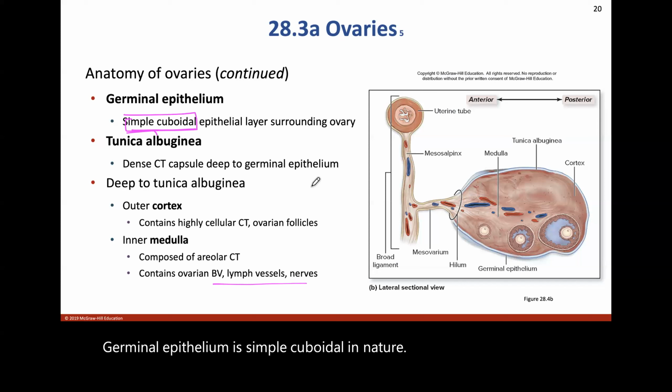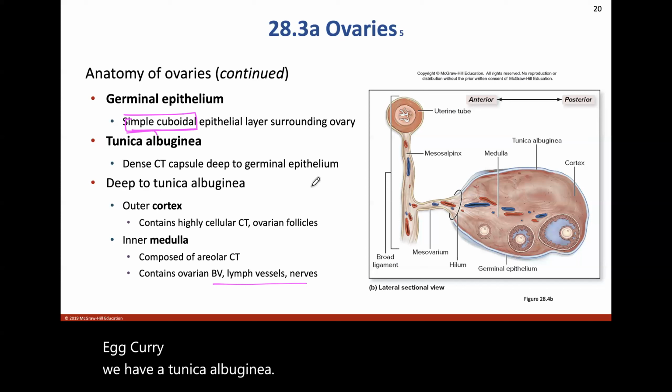And this is where we're going to have the maturation of the egg occurring. We have a tunica albuginea, deep to the germinal epithelium, just giving some shape.